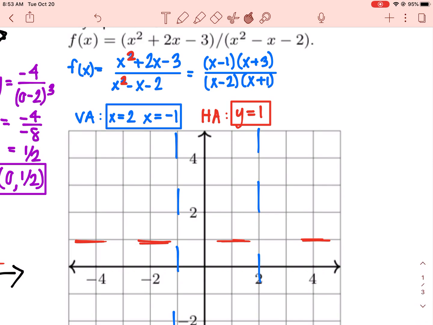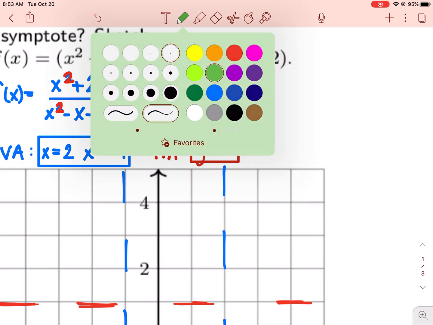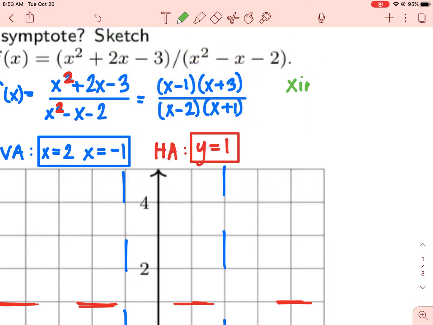Next up, x-intercept. When the numerator equals 0. There are multiple ways to do it. You could set the function from the beginning equal to 0 or the factored form equal to 0. It doesn't matter to us. Pick what works best for you. I think it's easiest for the x-intercept to set the numerator equal to 0 in factored form.